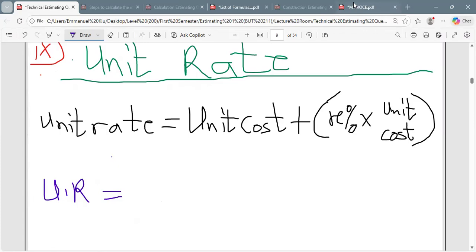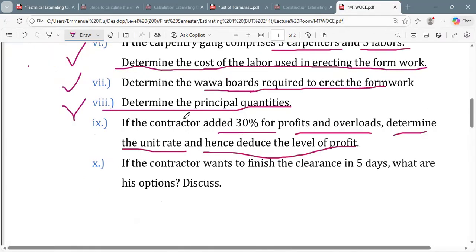Let's go back to the question. The question says that if the contractor added 30% for profit and overheads, determine the unit rate and hence deduce the level of profit. Also, if the contractor wants to finish the clearance in 5 days, what are his options?